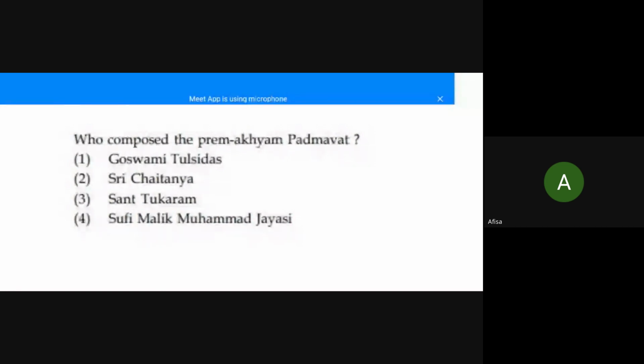I think all of you know this Padmavat, the story of Alauddin Khilji, Rani Padmavati and Chittor. I think everyone knows that story. So it is written by Sufi Malik Muhammad Jaisi.